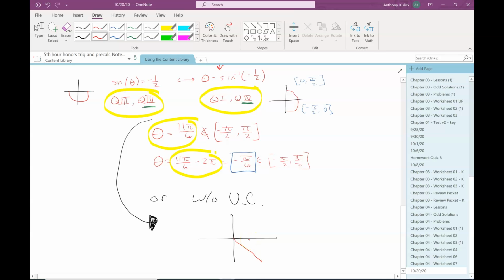So we know our answer is here in quadrant 4. So there's our angle. Everybody's okay with that? Since I know that sine is equal to negative 1/2, I know that the hypotenuse is 2, and the opposite side is negative 1.